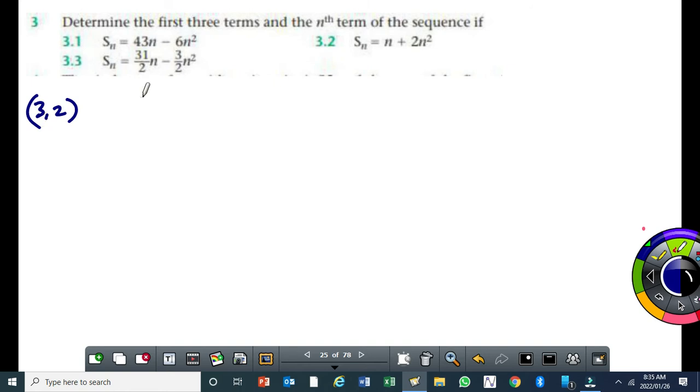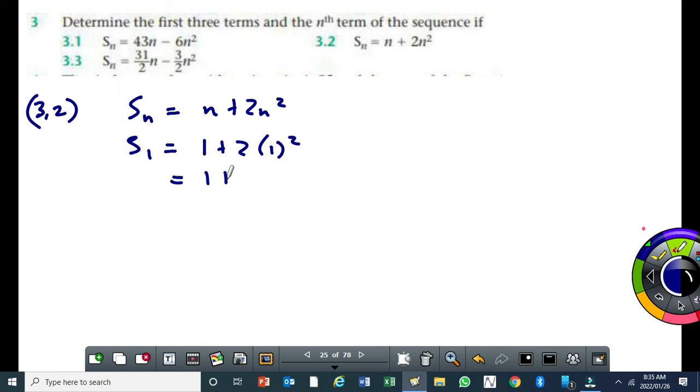So we are given Sn equal to n plus 2n squared, right? S1 will be equal to 1 plus 2 times 1 squared, that's 1 plus 2, and you get a 3, right?